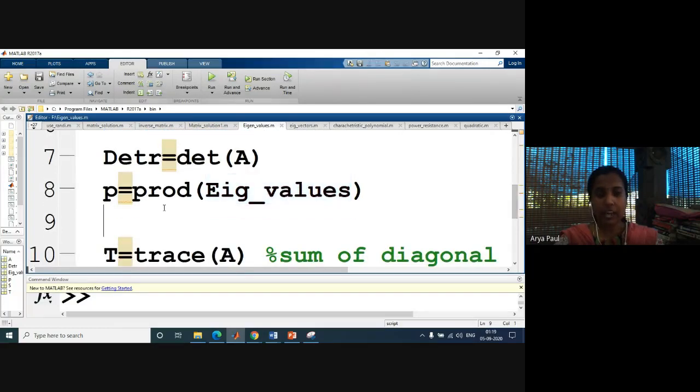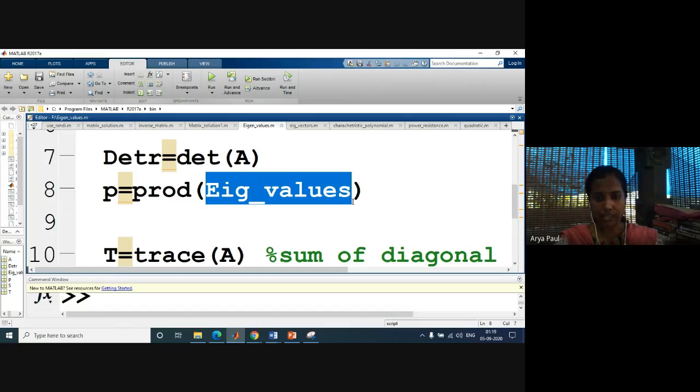When you find the product of the eigenvalues, you can use the built-in function prod. The built-in function prod will give you the product of an array. Eigenvalues is the array.